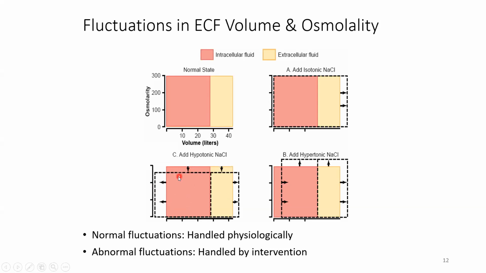And then the steady state. One thing I forgot to mention is that whenever you're discussing these things, there are 3 steps. One is the initial event, adding whatever you have added or subtracting whatever you have subtracted. That's the first stage. The second stage is how did that affect the ECF and the associated ICF.